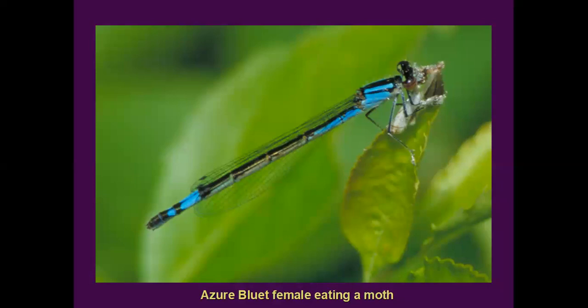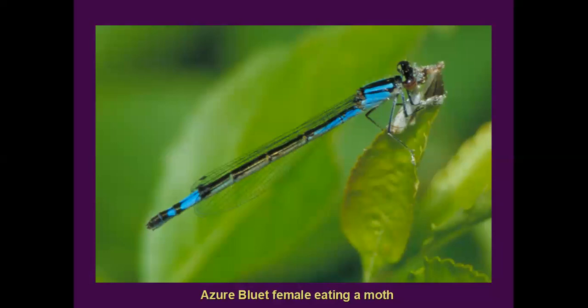So if you ever were taught certain myths about dragonflies and damselflies, they certainly can't sew your eyes shut or sting you, but they can give you a good pinch, especially the larger species, with their jaws.